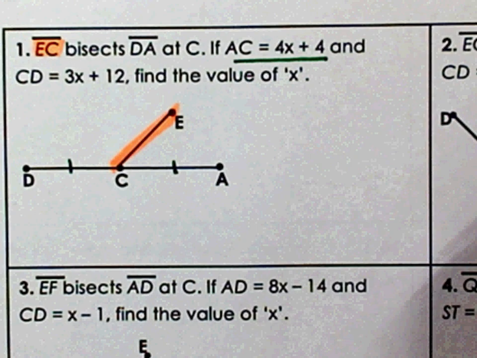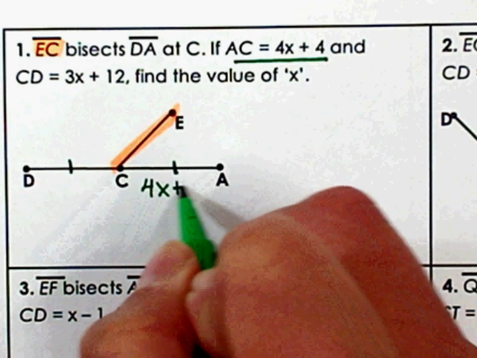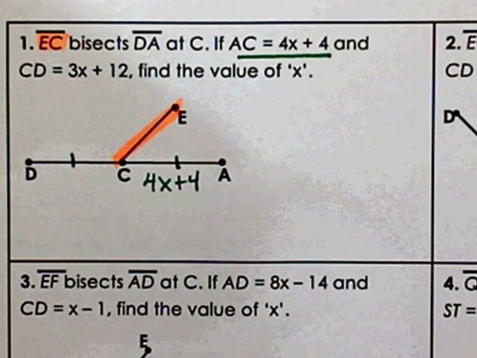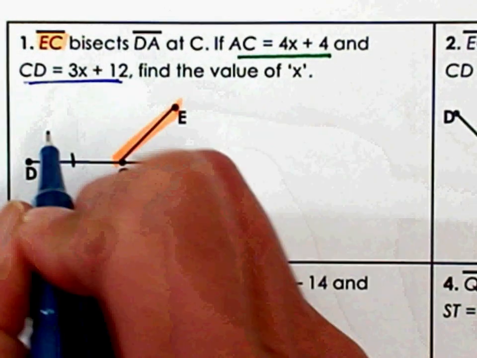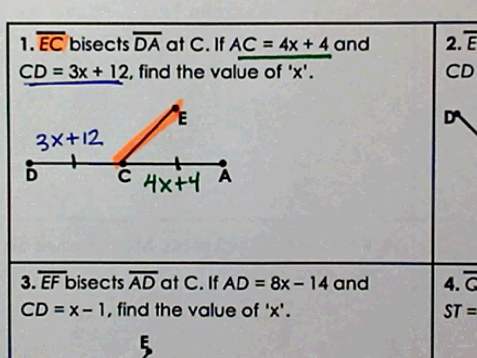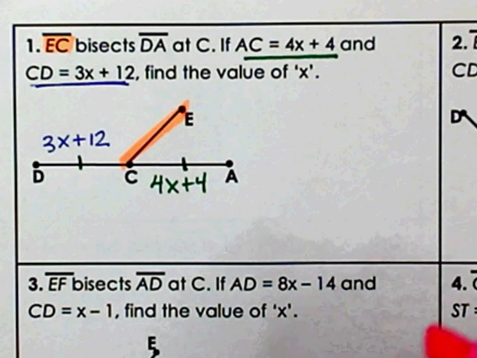And then it says AC is 4x plus 4. So AC right here is 4x plus 4. And then it goes on to say CD, here is CD, is 3x plus 12.